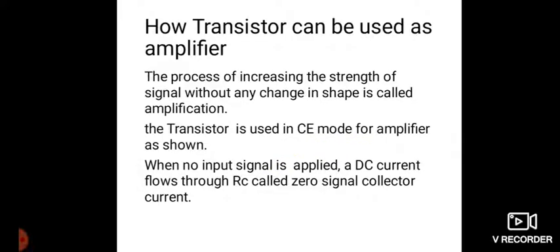Now, coming to how the transistor can be used as an amplifier. For amplification, the transistor is always used in common emitter configuration. The common emitter configuration is very suitable for amplification, because in common emitter configuration the current amplification factor ranges from 20 up to 500.